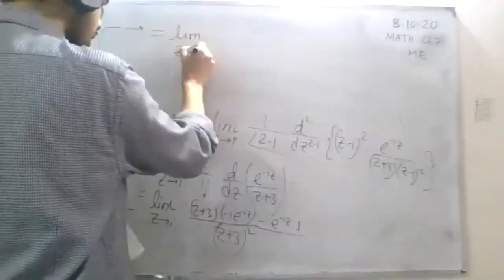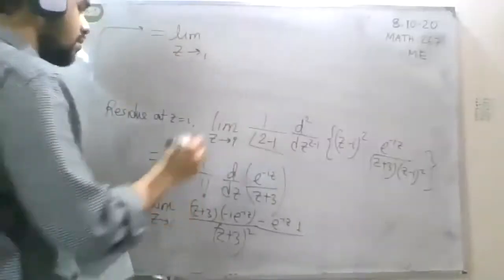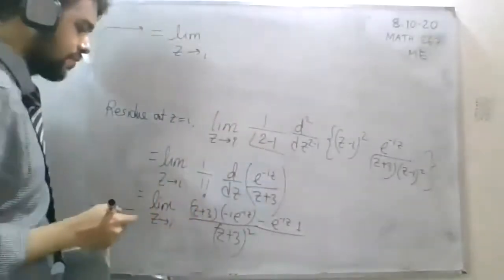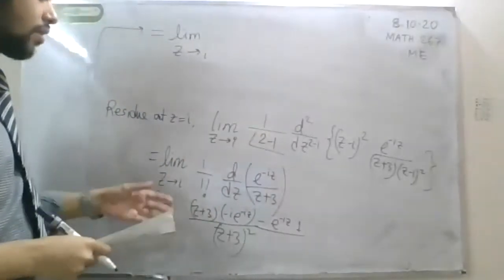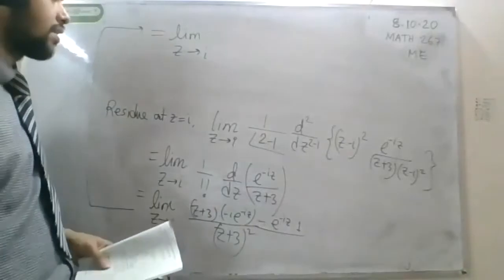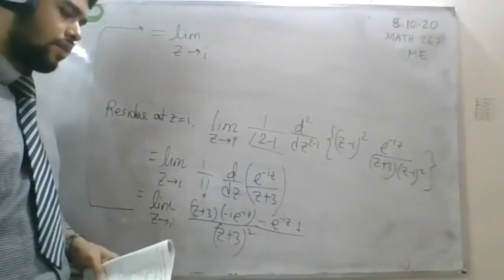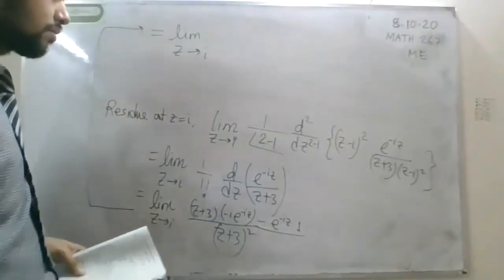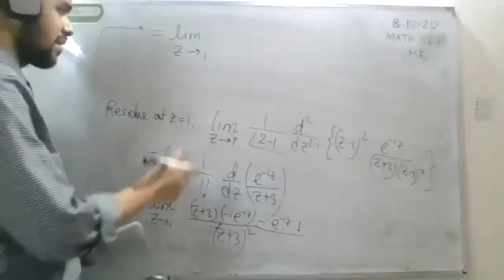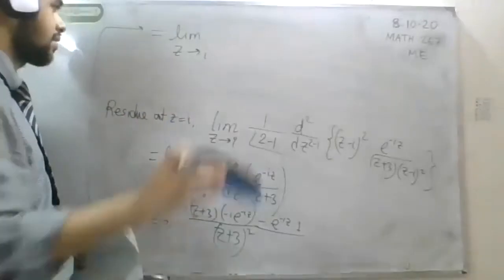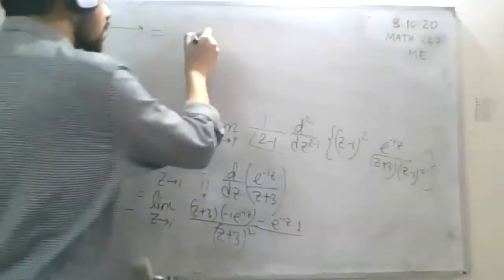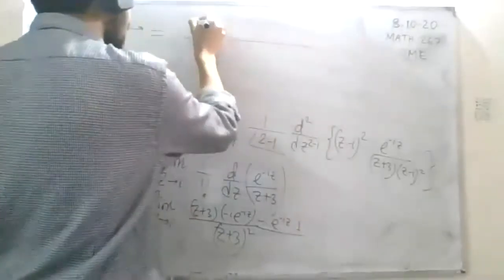Okay. Now after simplifying the equation, you can get z tends to i. So just tell me now what I have to do for solving this. Put z equals i. You have to just put z equals i.